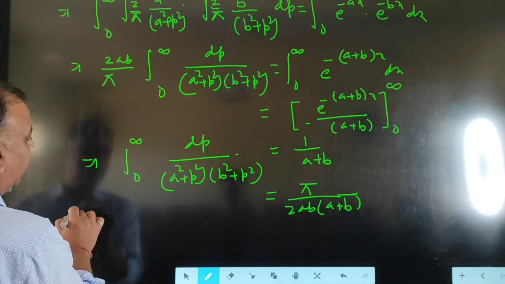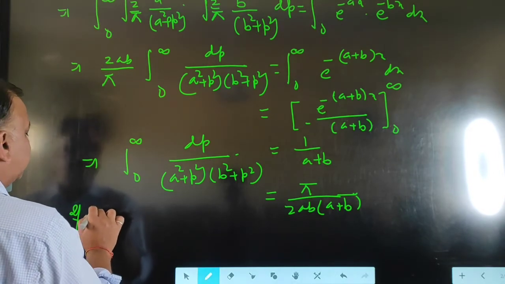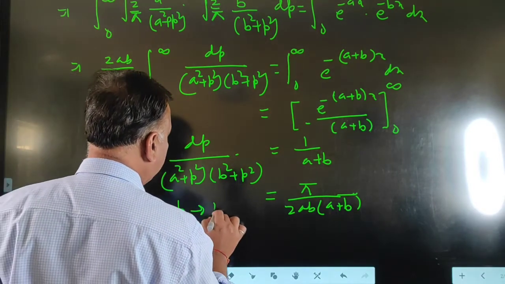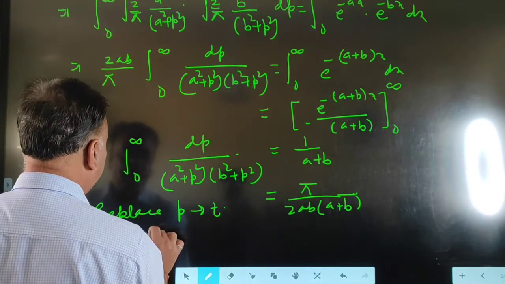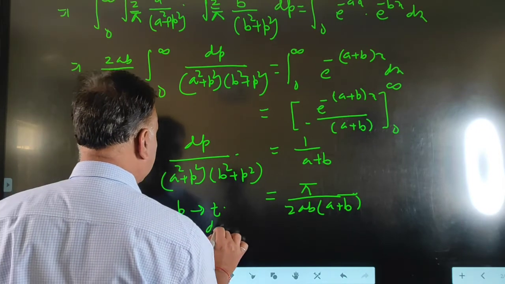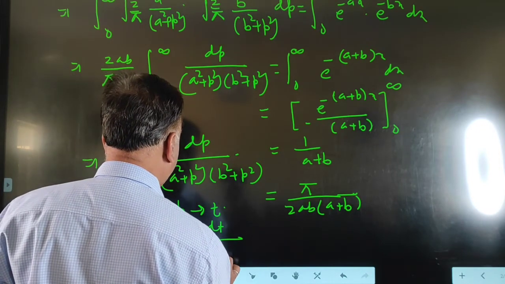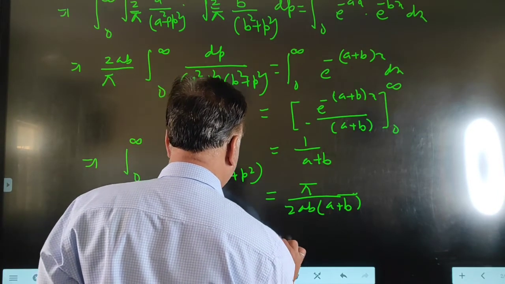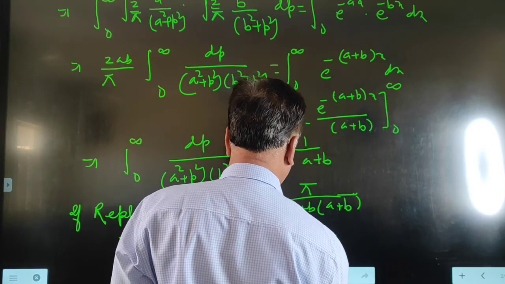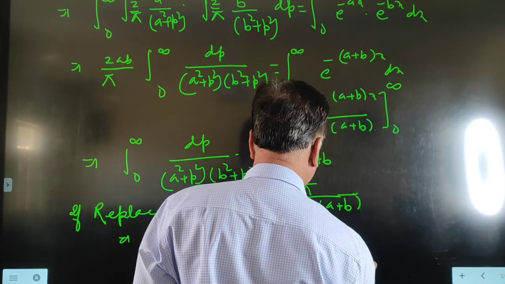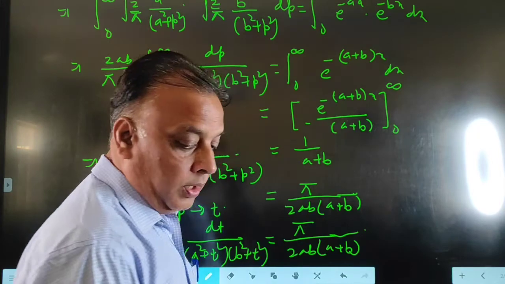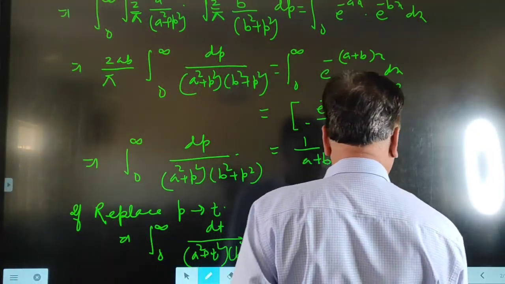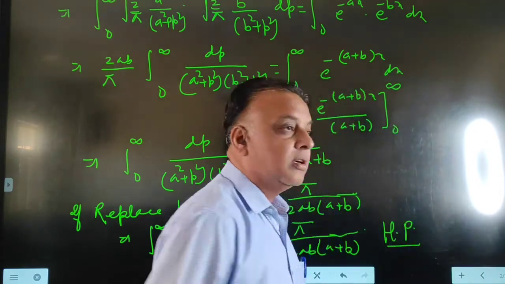So if we replace p by t, then we get integral 0 to infinity dt upon a square plus t square into b square plus t square is equal to pi upon 2ab into a plus b, which is the required result.